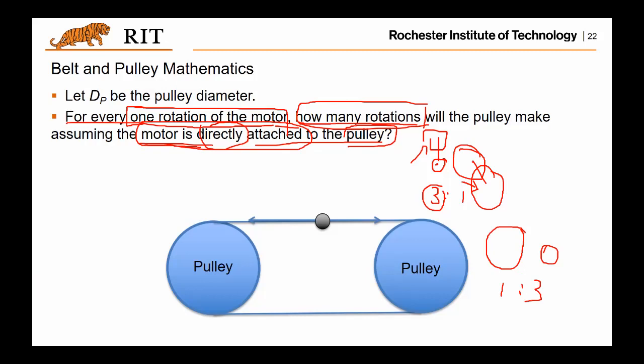In that case, you want to multiply the revolution of the motor by 3, and that will give you the revolution of the pulley per minute. So that is what you want to be aware of if there are questions with a gear system given, right? But otherwise, if there's a direct attachment of the pulley with the motor, then that will be 1-to-1, right?